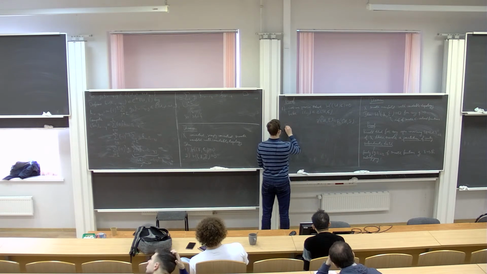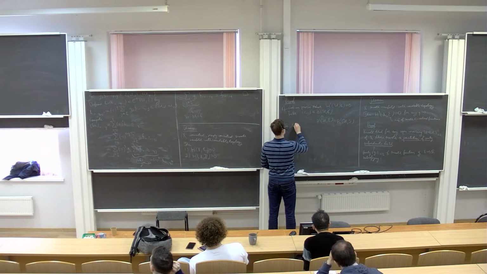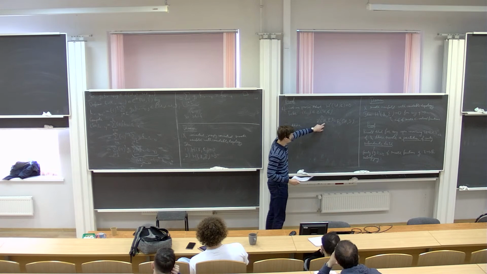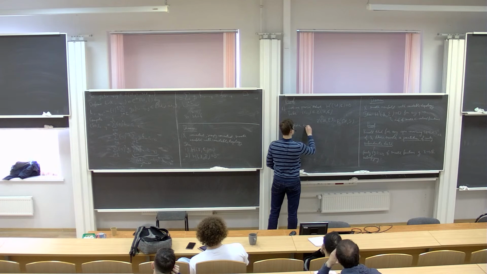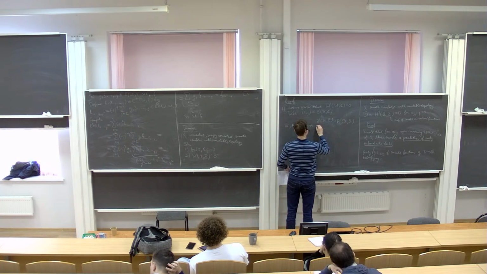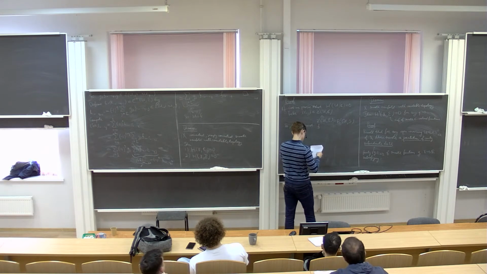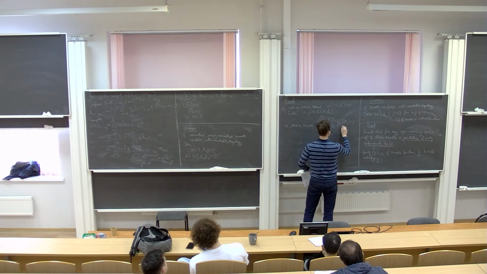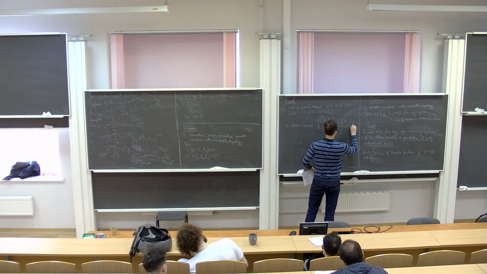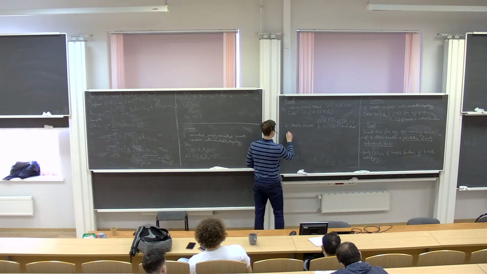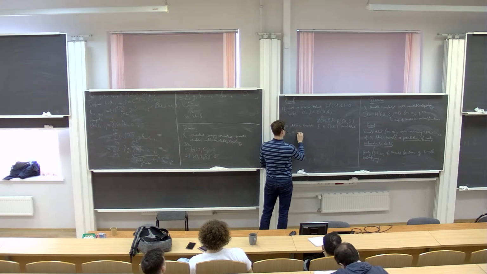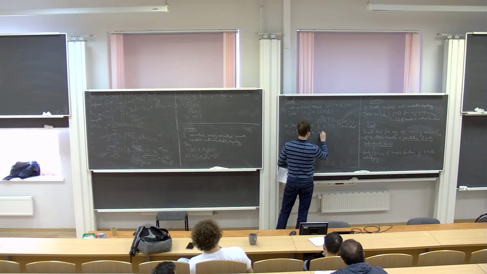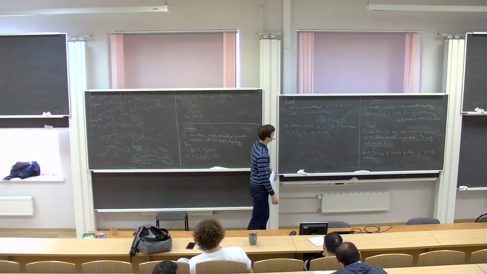So this cocycle is a coboundary, and it means that there exist functions f_i on U_i such that c_ij is equal to f_j minus f_i on all intersections.